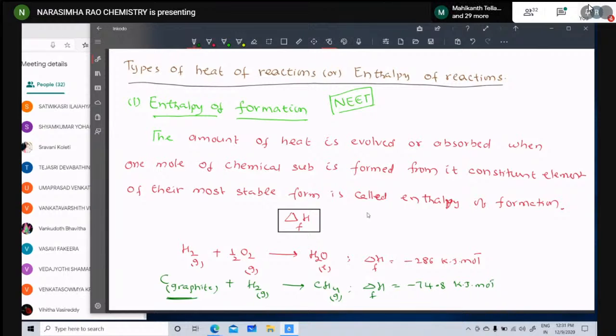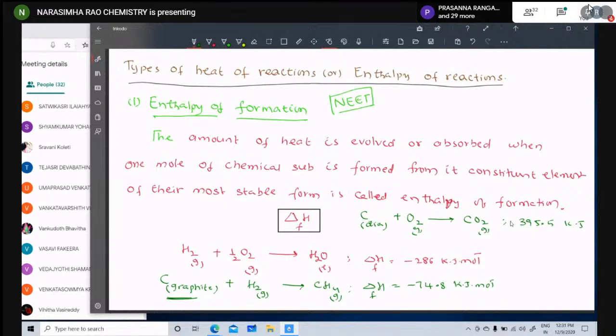For example, carbon diamond plus oxygen gives rise to CO2 gas. For this one delta H is minus 395.5 kilojoules per mole.